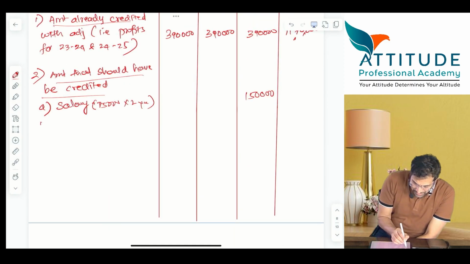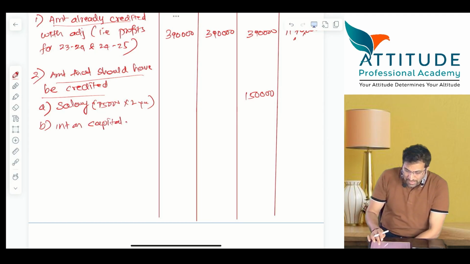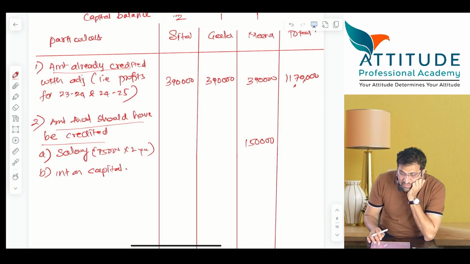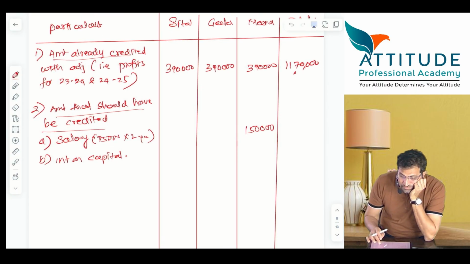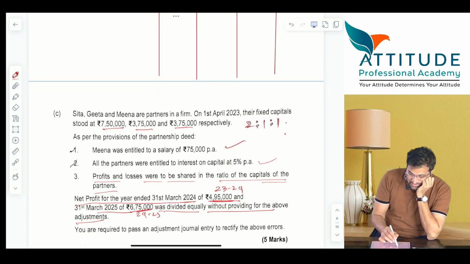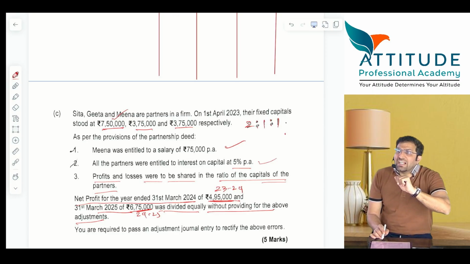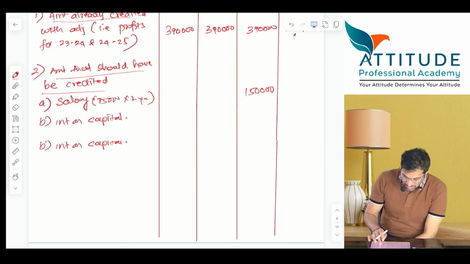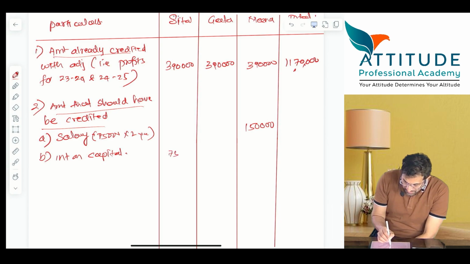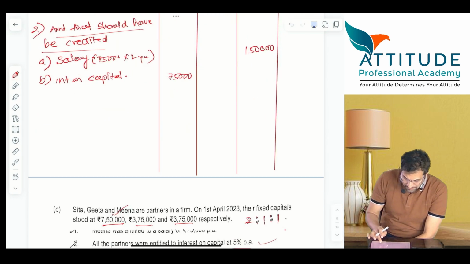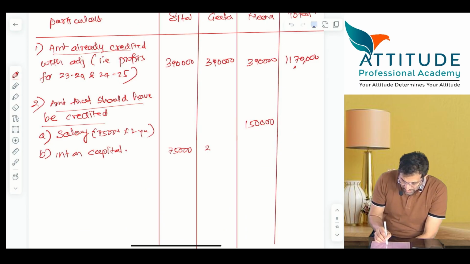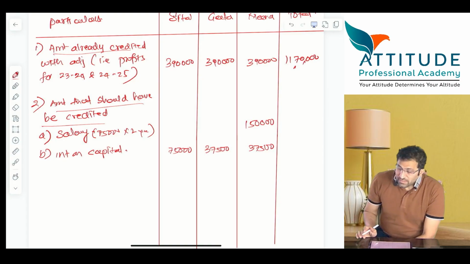Now tell me the interest on capital for B. What are the capitals? Check. For this one, 7,50,000 into 5% plus 5%, for 2 years it will be 10%. So how much should this one get? 75,000 here, 37,500 here, 37,500. Agree?